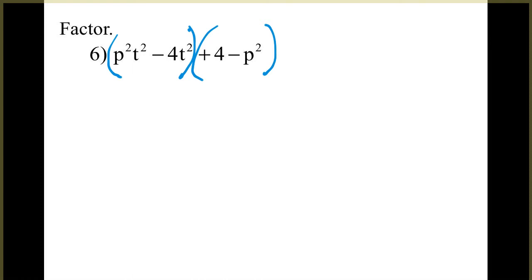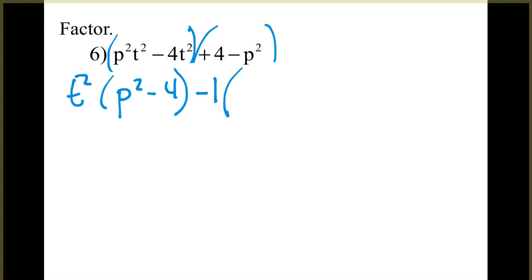Just factor by grouping. There's nothing I can pull out of all 4 terms. The first one, I can pull out a t squared, and what I'm left with is p squared minus 4. In the second one, I can pull out how about this? A negative 1. What that does is it makes my 4 negative, and it makes my negative p squared positive.